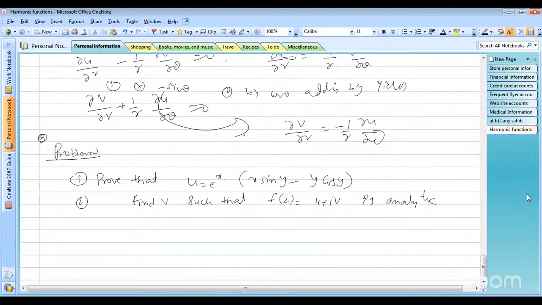First we have to show how e^x (x sin y minus y cos y) is harmonic.